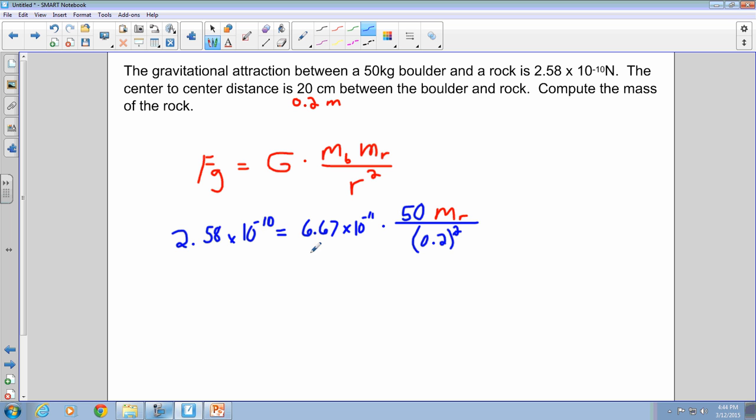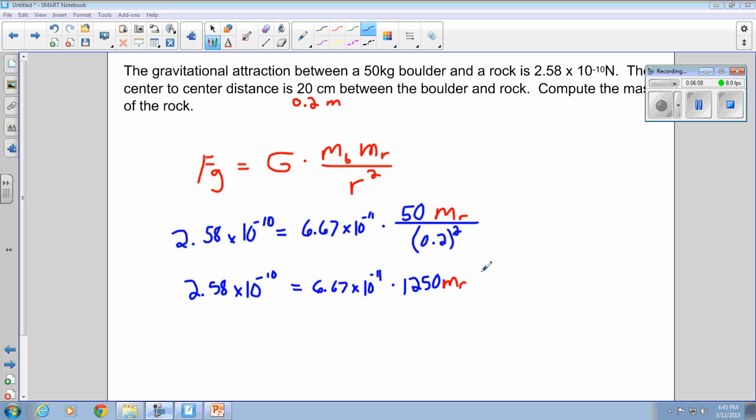First thing I'm going to do is 50 divided by 0.2 squared. When you compute that, you get 1250. Bring everything else down. So you've got 1250 times your gravitational constant times the mass of the rock equals 2.58 times 10 to the negative 10th.